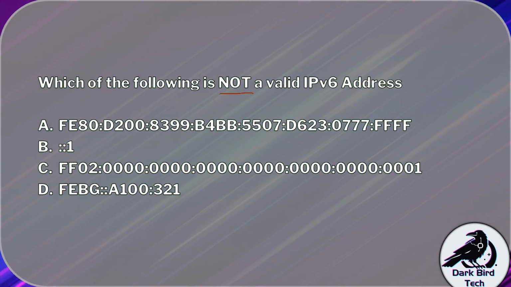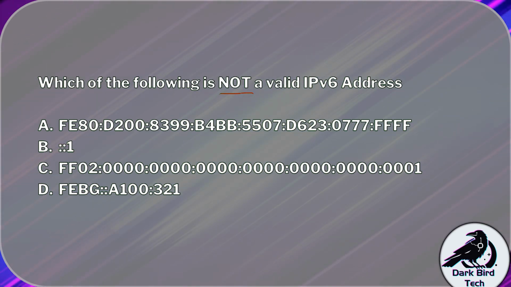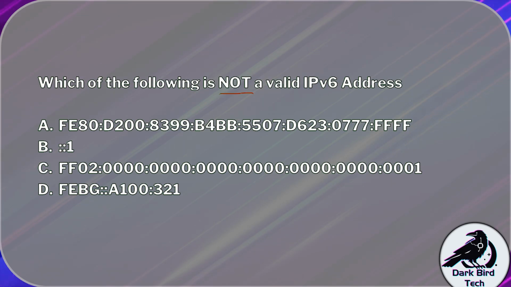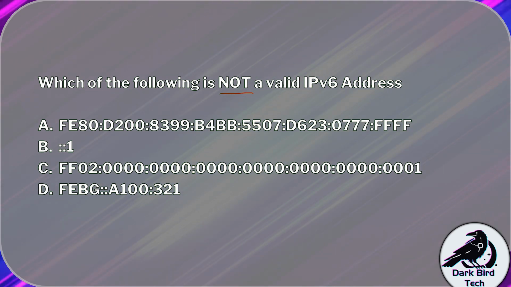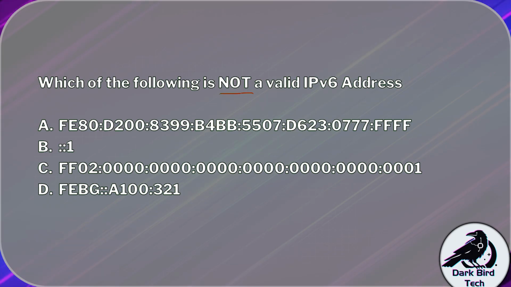We've got option A, FE80:00:B4BB:8399:B4BB:5507:D623:0777:FFFF. We've got option B, which is just ::1.